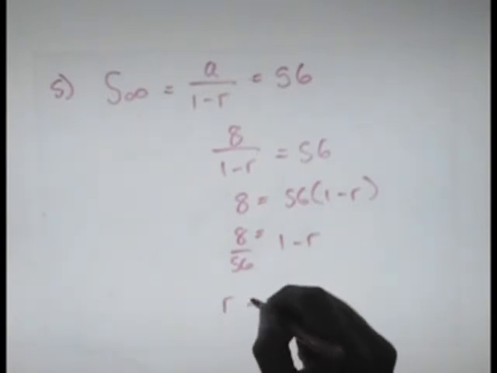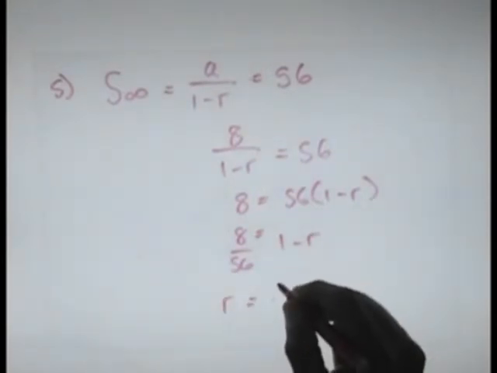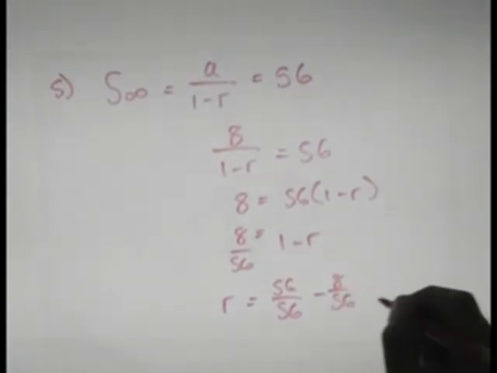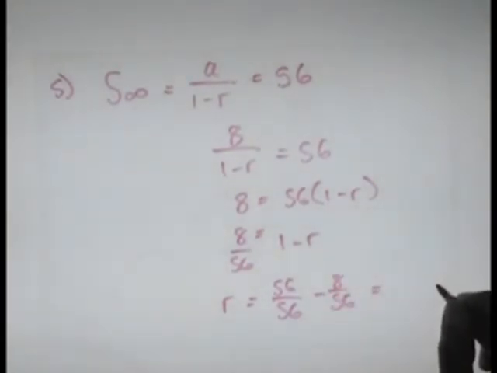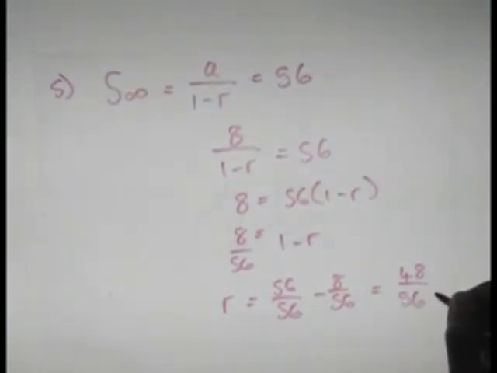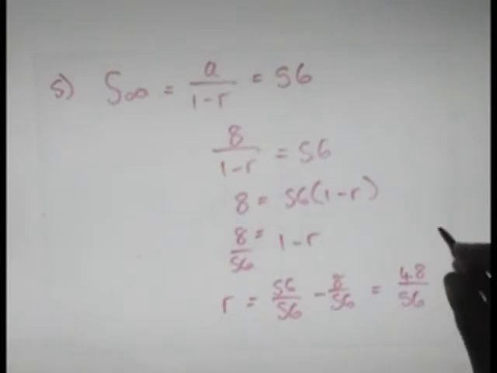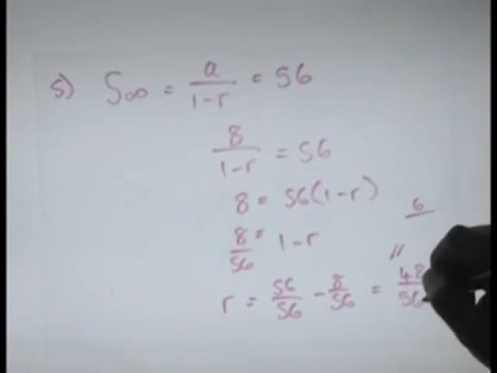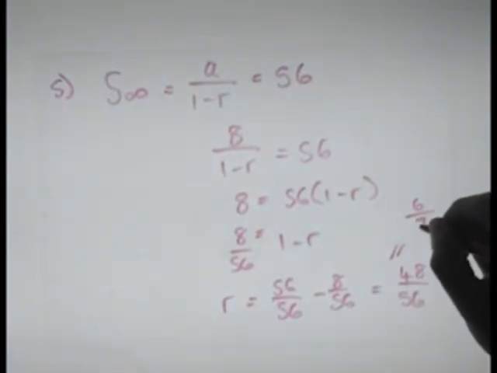Take the r across: r is equal to 1, or rather 56 over 56, minus 8 over 56, which gives 56 minus 8, which is 48 over 56. 48 over 56 can be simplified. 8 goes into 48 6 times. 8 goes into 56 7 times. And that is our answer. Our ratio is equal to 6 over 7.